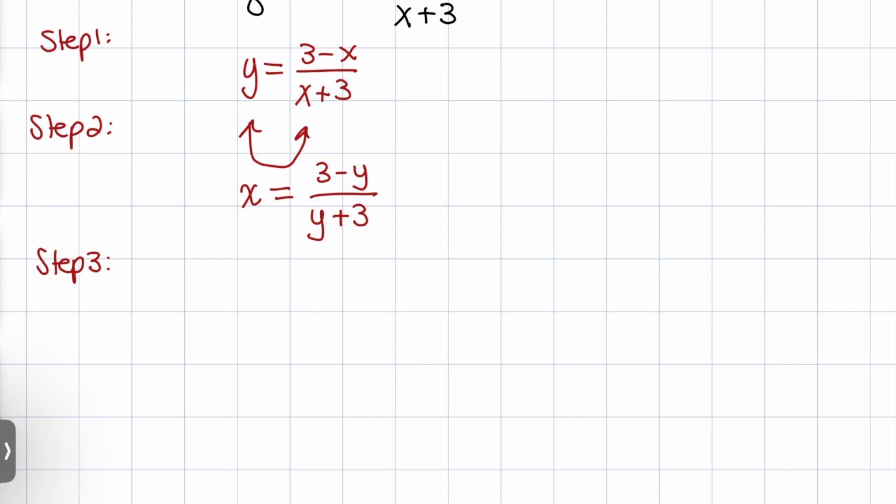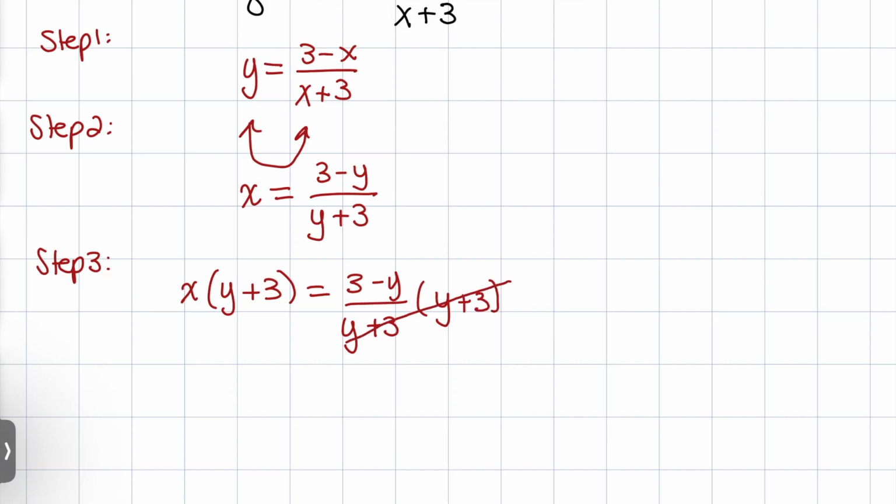So I'm going to multiply both sides by y plus 3. So I get x times y plus 3 equals 3 minus y over y plus 3 times y plus 3. This is going to cancel. So I'm now left with x times y plus 3 equals 3 minus y.